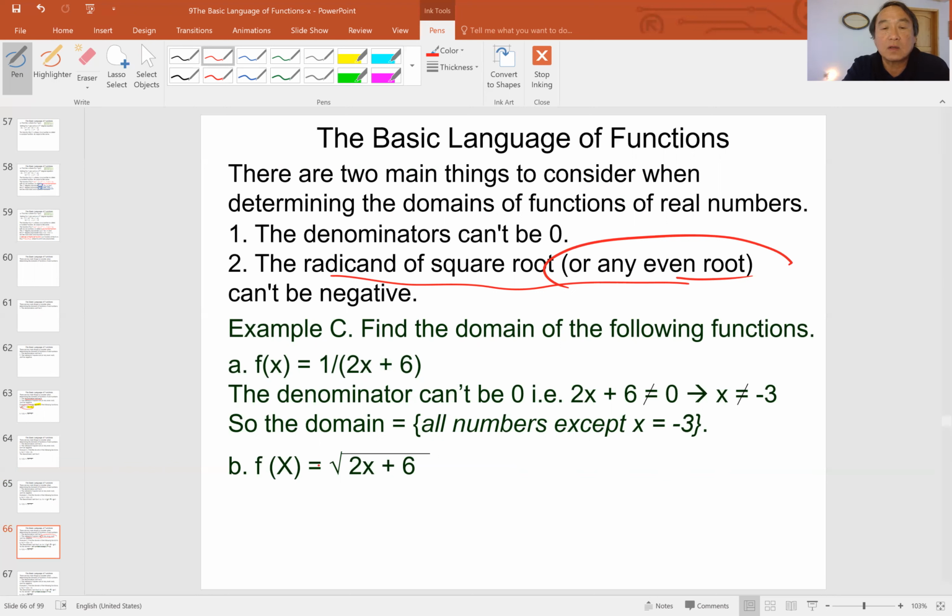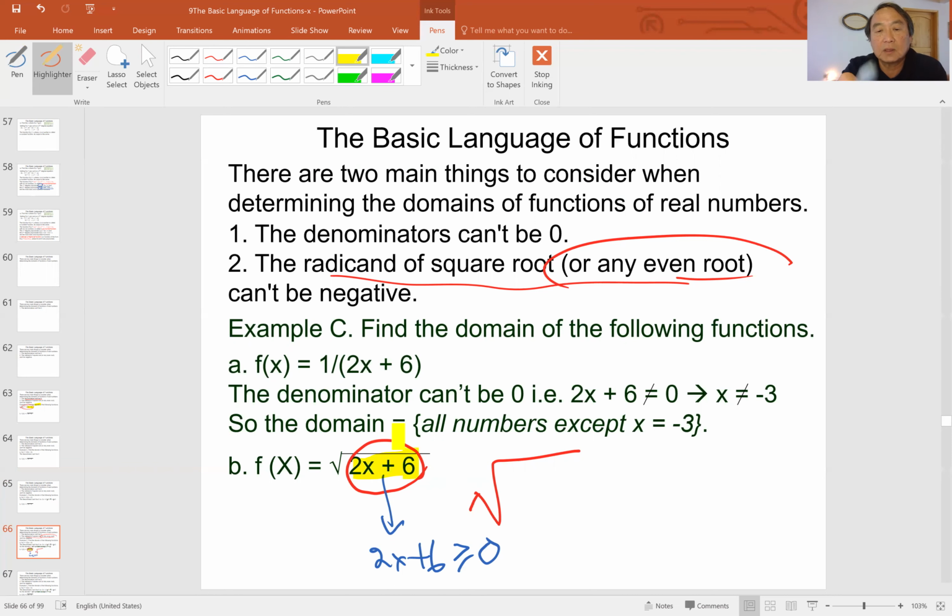For example, over here, the square root: if we are only dealing with real numbers, if we don't want to talk about complex numbers, then we must have the radicand, which is the thing down here, 2x plus 6, bigger than or equal to 0. Just this part.